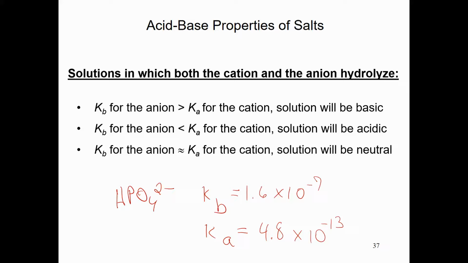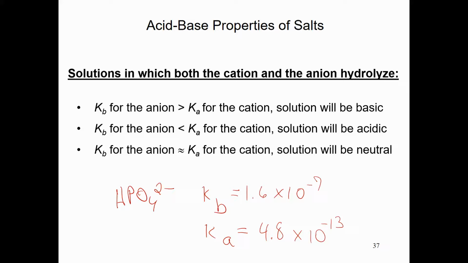Okay? Because this is telling me the strength of this. This is a stronger base than it is an acid. So it's not going to act like an acid, it's going to act like a base. Okay? If the Kb is less than the Ka, the solution will be acidic.